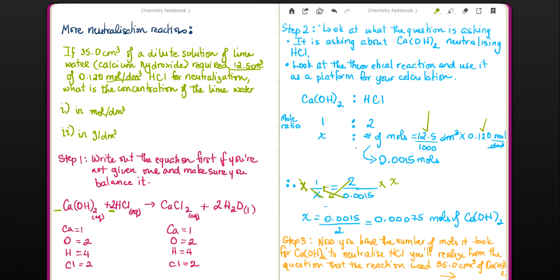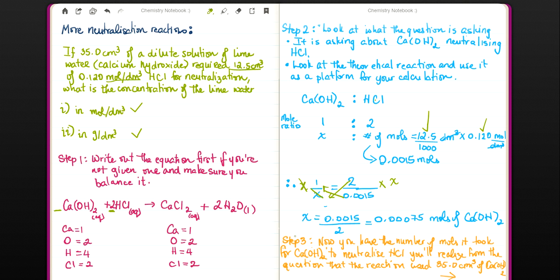Therefore, since we have the moles, we could calculate, voila, the mole per dm cube and the grams per dm cube, right? And we have the volume right there for lime water, which is calcium hydroxide. So in step 3, now you have the number of moles it took for calcium hydroxide to neutralize HCl.